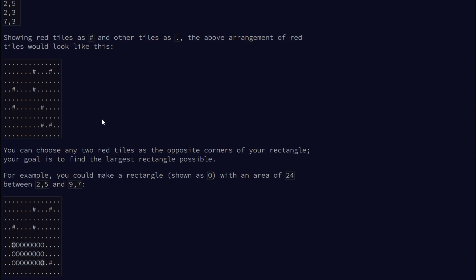So go over the shape once, placing down all the red and green tiles. I don't think I have to go over it twice, do I? Go over it once to determine its orientation, clockwise or counterclockwise.